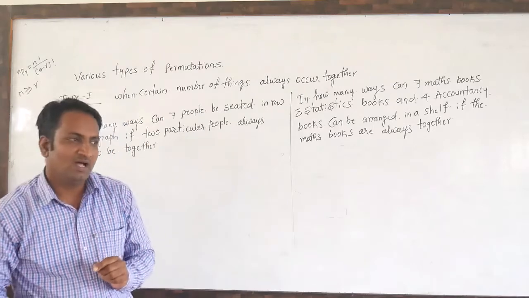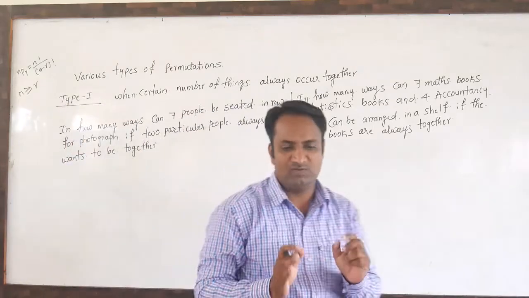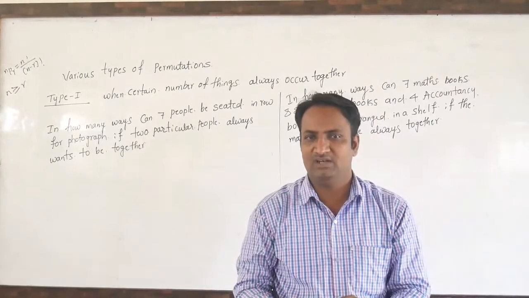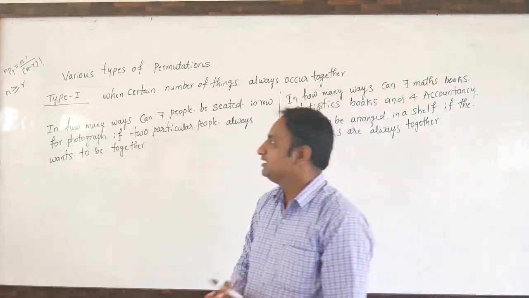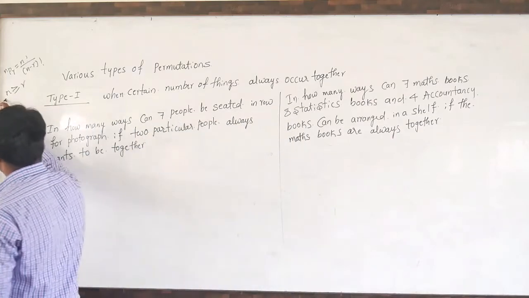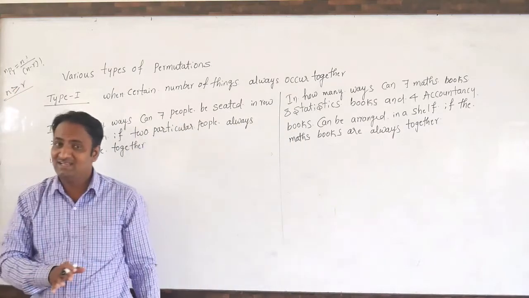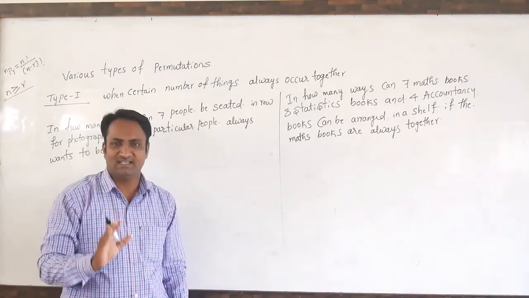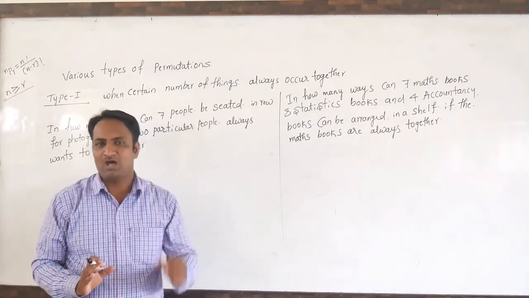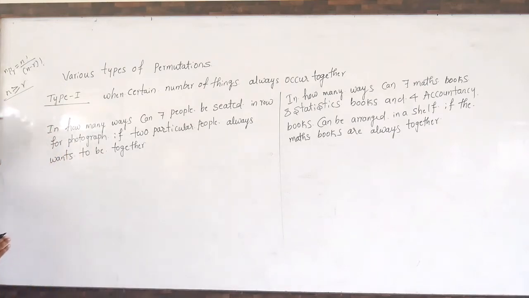That's why, suppose 5 members are there, choosing 6 members is not possible. So n is always greater than or equal to r. The r value equal to n or less than n is possible.